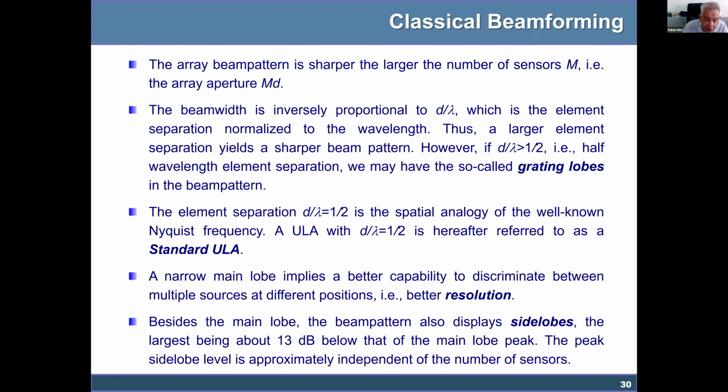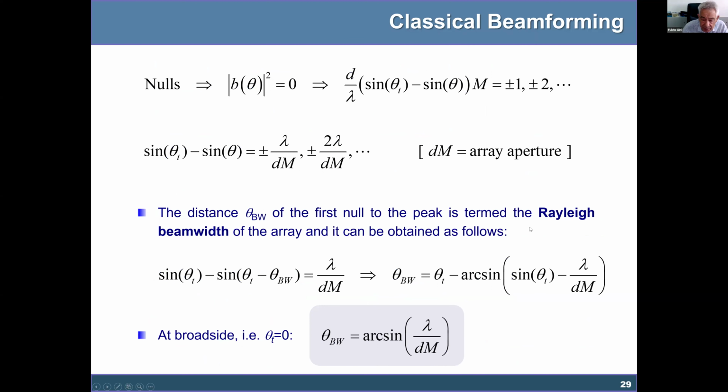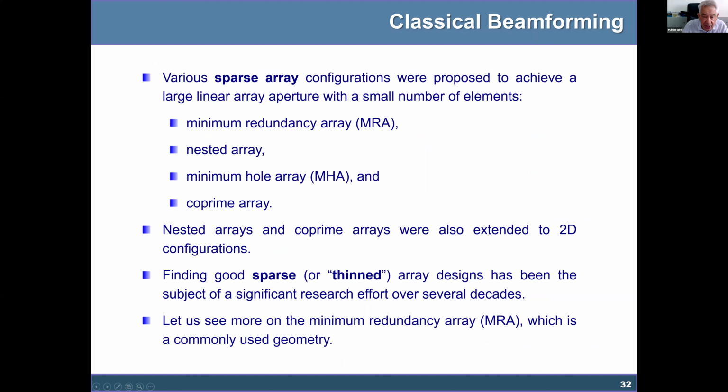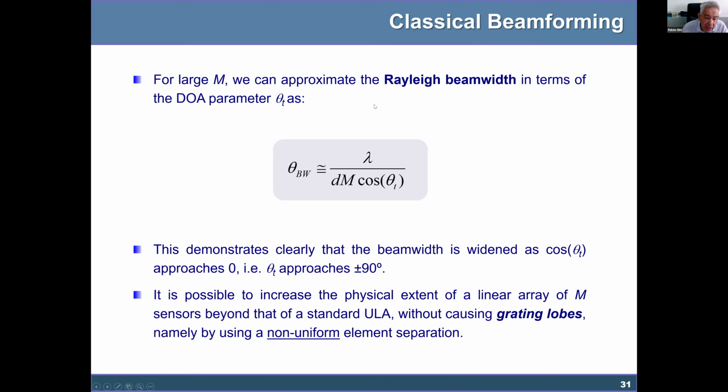Now, this relationship here is exact. But if M is large enough, it can be shown that the relationship can be approximated by this relationship. So this is an approximation that is accurate only for large M. So for large M, you see that the beam width is inversely proportional to lambda divided by the array aperture, as we already commented.